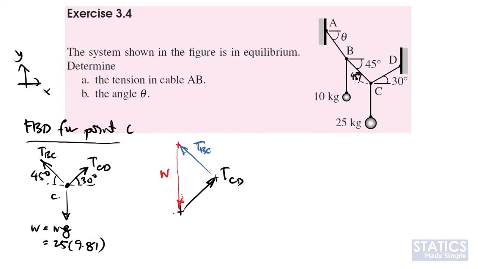So that's what happens here. Say you start at this point: TCD moves you from this point to this point, TBC moves you to the next point, and weight moves you back towards the starting point. So the sum of these three forces makes sure you are still at the same point. That's what I mean by the vectors forming a closed polygon.